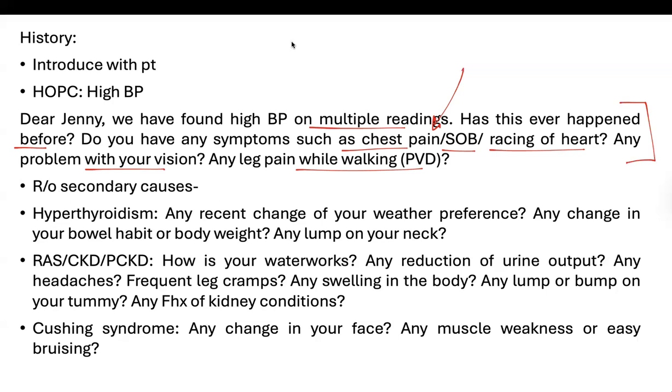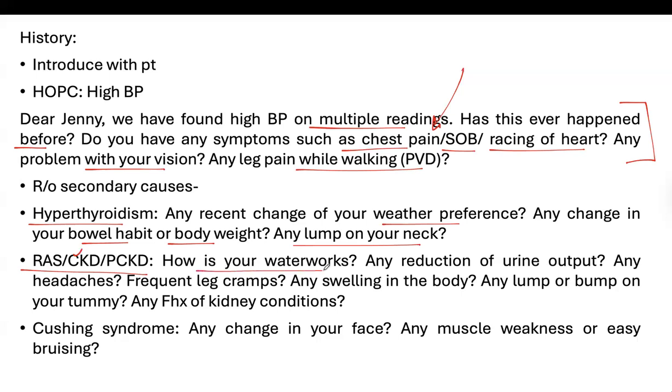Then we go to ruling out secondary causes. So hyperthyroidism, you know the questions now. Any recent change in your weather preference, any change in your bowel habit or body weight? Have you noticed any lump on your neck? Then kidney condition. So we have renal artery stenosis, CKD, and PCKD, which is chronic kidney disease or kidney failure, and polycystic kidney disease.